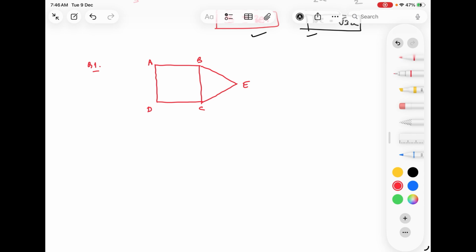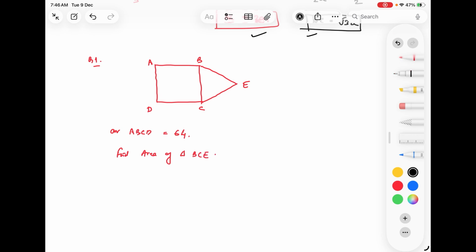Now it's given that the area of ABCD is 64. We need to find the area of triangle BCE.